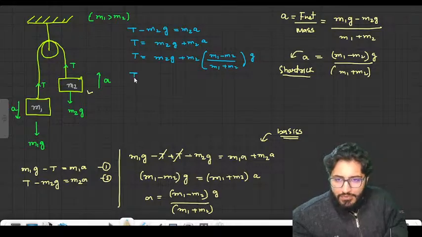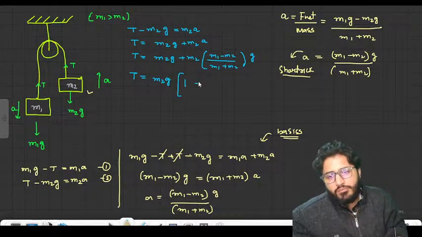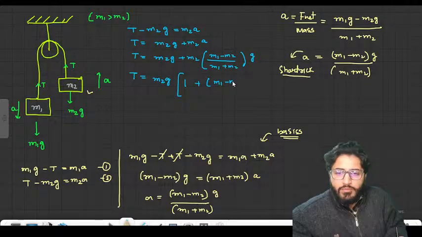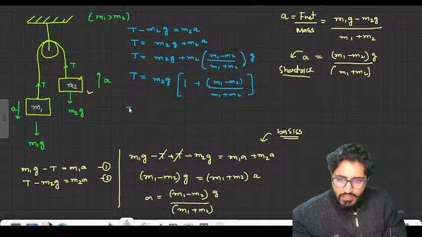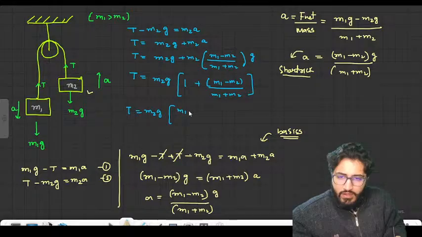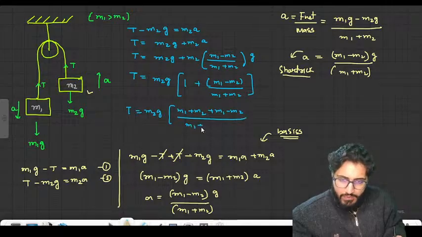Can I take m2g common? T equals m2g times 1 plus (m1 minus m2) divided by (m1 plus m2). Look, T equals m2g times (m1 plus m2 plus m1 minus m2) divided by (m1 plus m2).